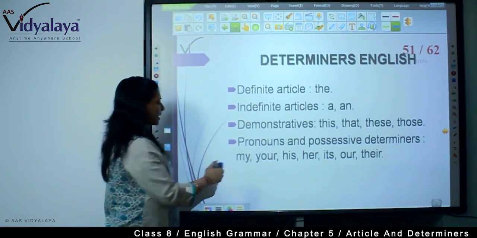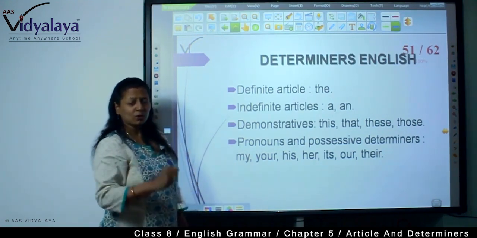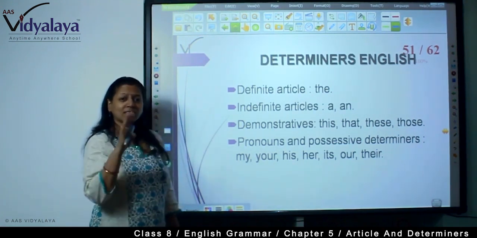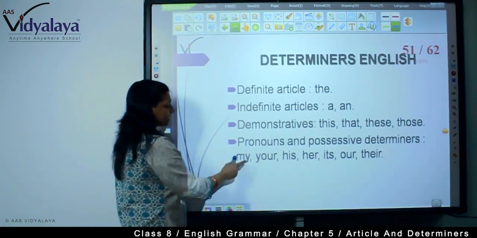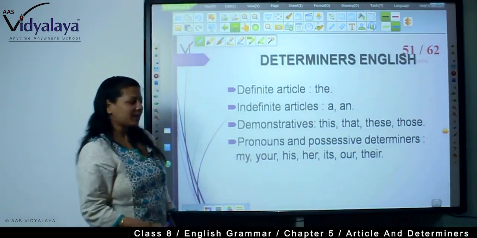Pronouns and possessive determiners. My book, my house, your pen, your cousin, your sister. See, nouns are there after these pronouns. His pen, her dress.